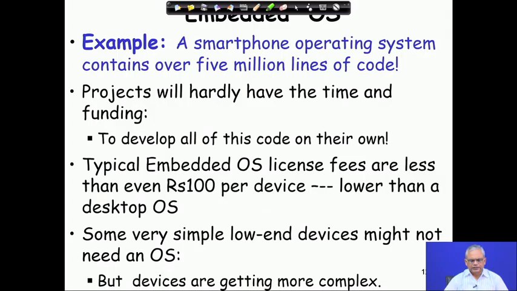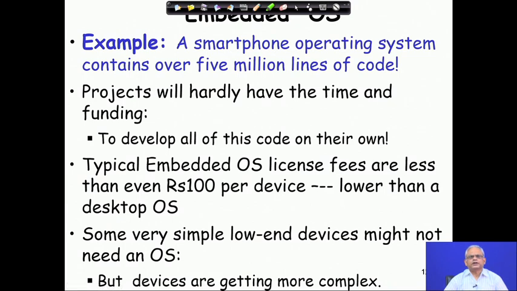On the other hand, if we have an operating system, the license fees are very low for embedded devices, maybe 100 rupees or so, even though desktop operating systems are expensive, several thousands of rupees.